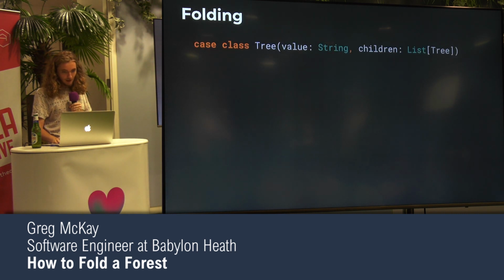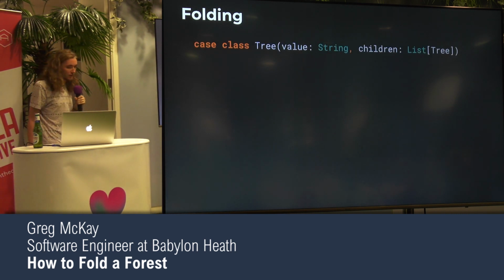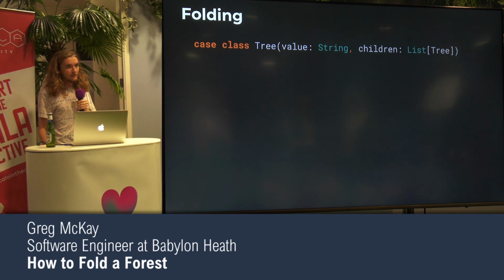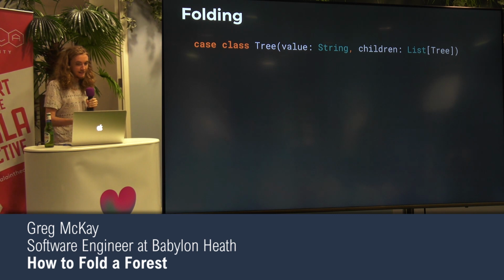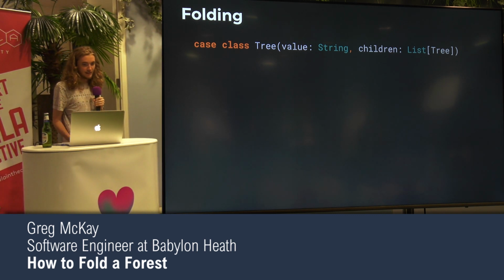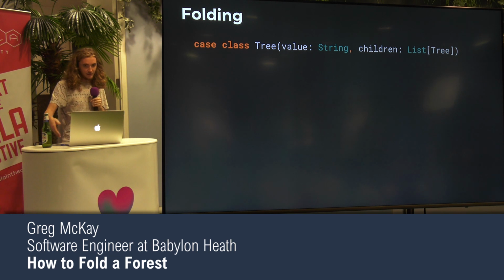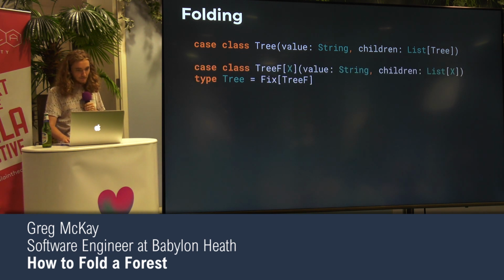Okay, but how does this help us with folding? The usual way of defining this stuff is with a recursive case class. So this is the usual way you would do it, which is you have a tree with a value and some children which are also trees. So there's some recursion going on there.